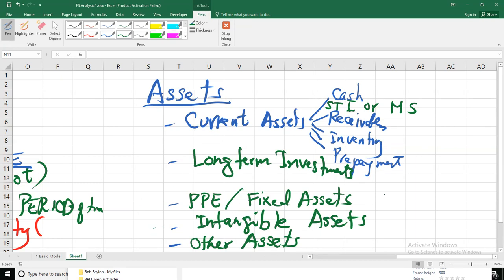What does this intangible assets contain? Can you give me an example? Examples of intangible assets? Anyone, guys? Okay, correct. Copyrights, okay? IPR, intellectual property rights, patents, okay? What else?